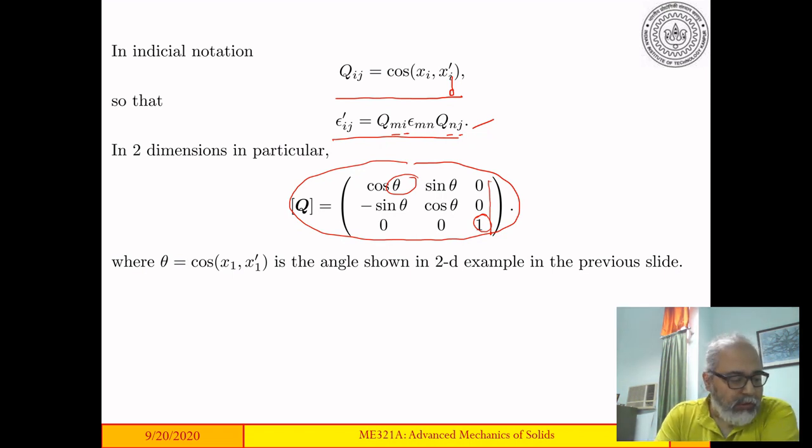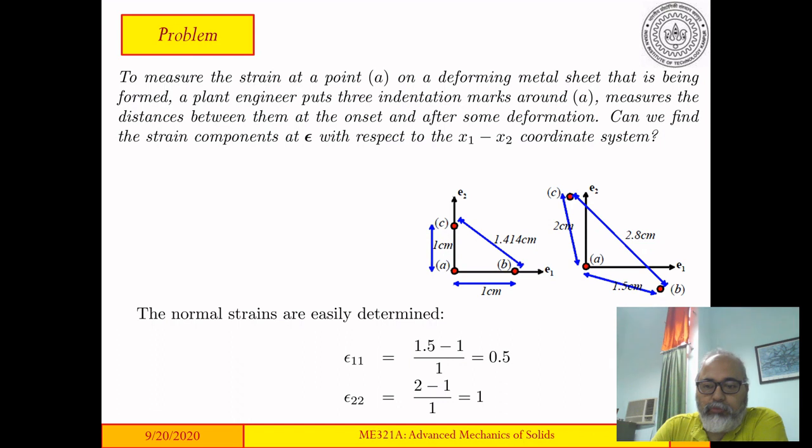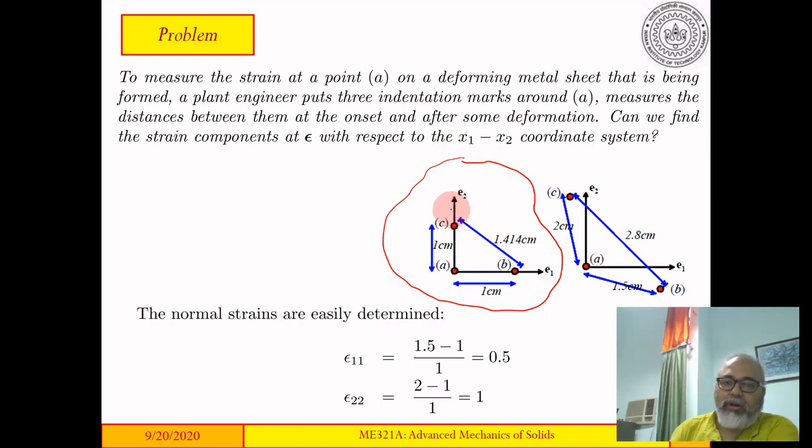Okay, now let's do a problem which involves transformations of strains. Now suppose I have a plane, a sheet metal, which is being formed, and on this sheet metal, as it is being formed, I want to measure the strains.